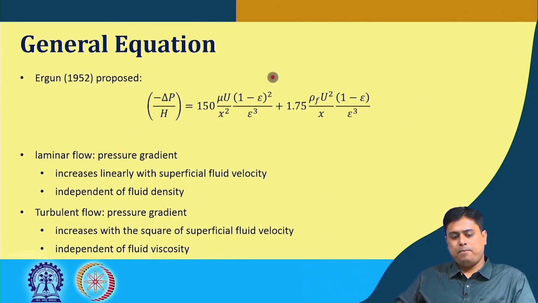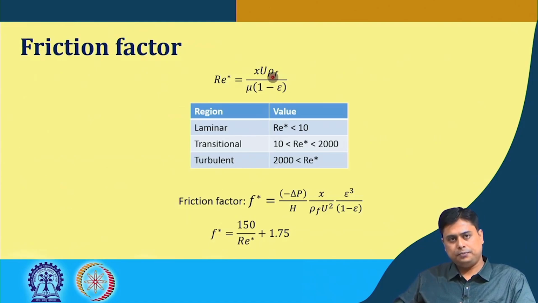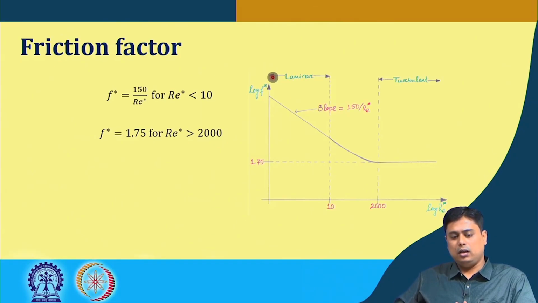It is the combination of the Kozeny-Carman and the Burke-Plummer equations. It can also be written in the form of the friction factor, where 150 by Re plus 1.75 is the relation, and the friction factor becomes only 150 by Re at low Reynolds number, below 10, in the laminar region, while in the turbulent region it is 1.75, a flat profile.